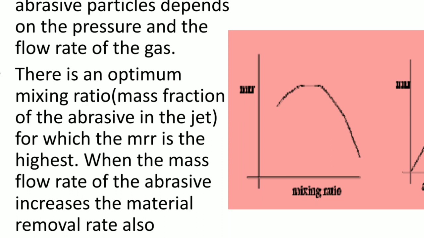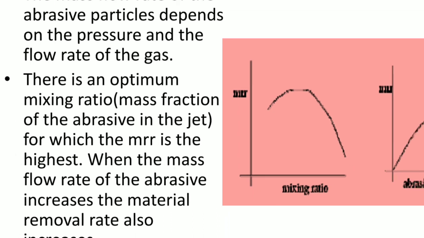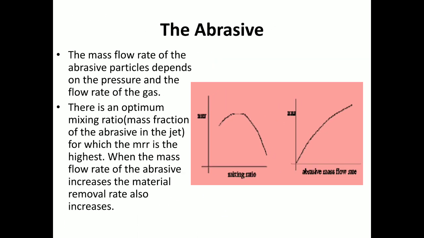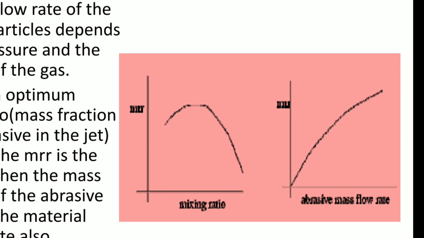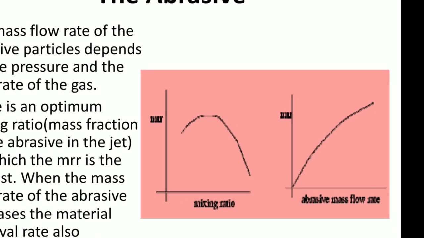So MRR depends on mixing ratio, a process parameter, but in a way that it has to be optimized. It is not that if the number of abrasive particles keeps increasing, the MRR will also keep increasing. So it is optimum, and that optimization has to be done with the mixing ratio.